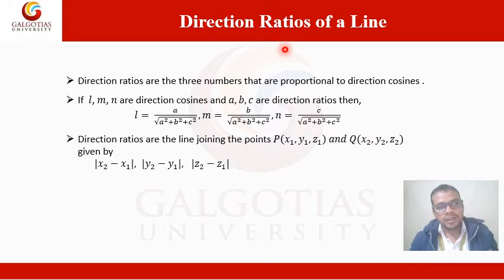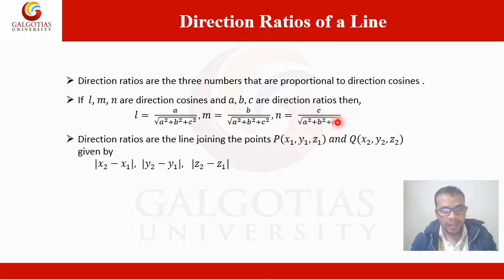Let us discuss the direction ratios of a line. Some facts on direction ratios also. How can I find the direction ratios? Direction ratios are the three numbers that are proportional to the direction cosines that I discussed in our last slides.